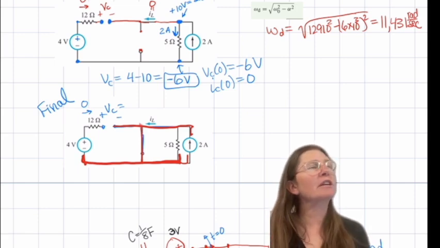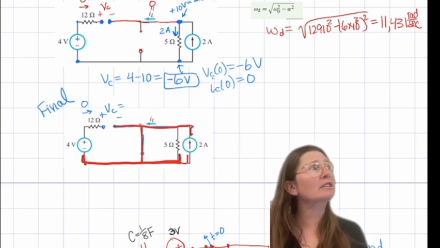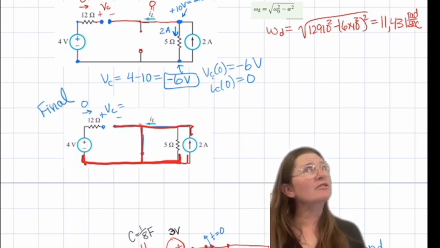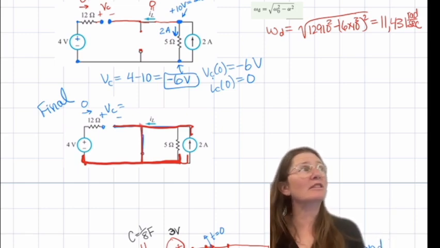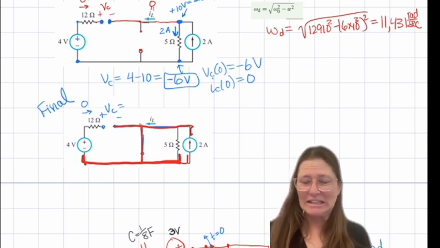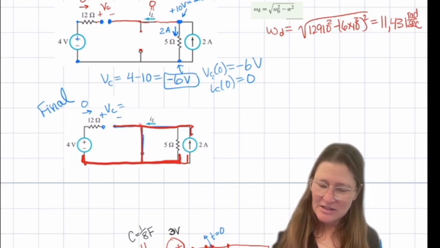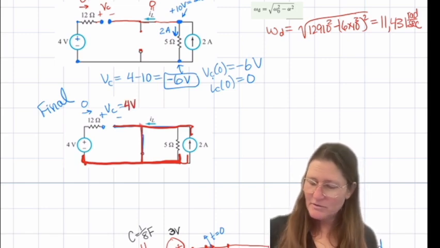So there can't be any voltage drop across there because it's all the same wire. So when I measure it from the plus side, I measure plus 4 and I compare it to the negative side of 4. So that's going to be 4 volts. Do you guys see that? Okay.